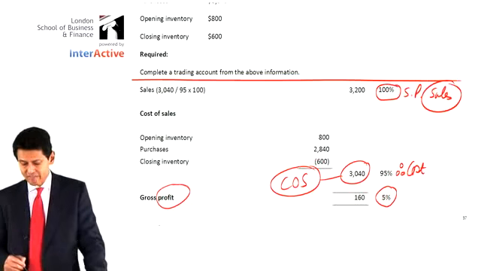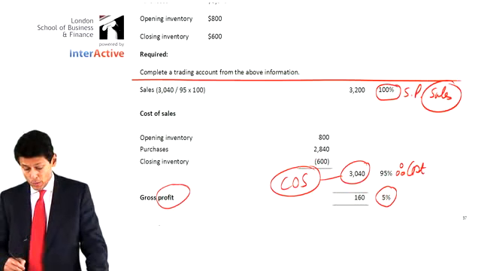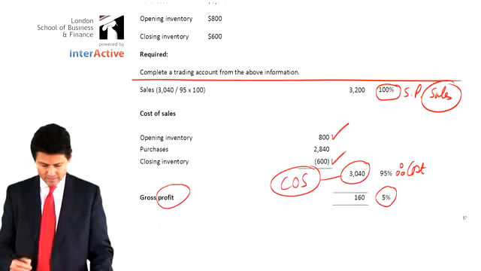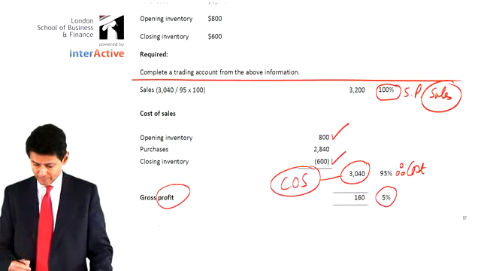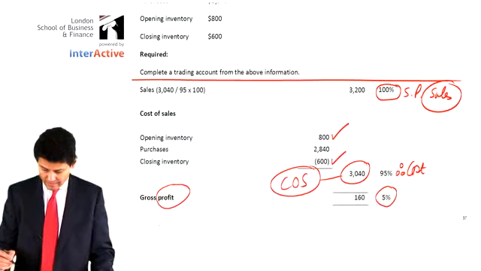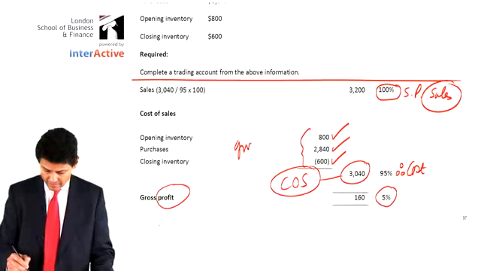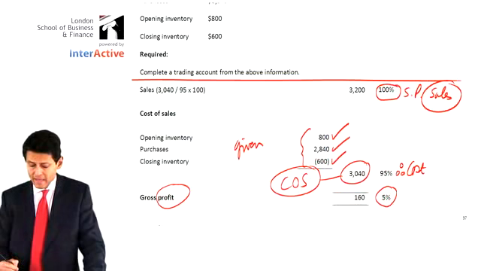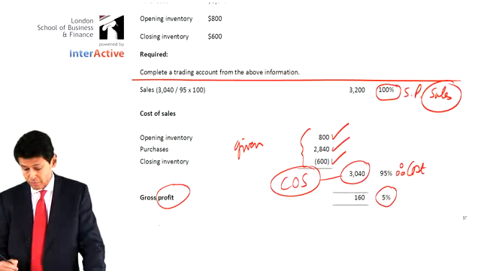So if 95% is your cost of sales, and this is given, and this is given, I suppose the 2840 appears as, in fact, that indeed is given. So all three here are given in this question. So it is possible to work it out just by adding 800 plus 2840 and minusing 600, so that comes to 3040.